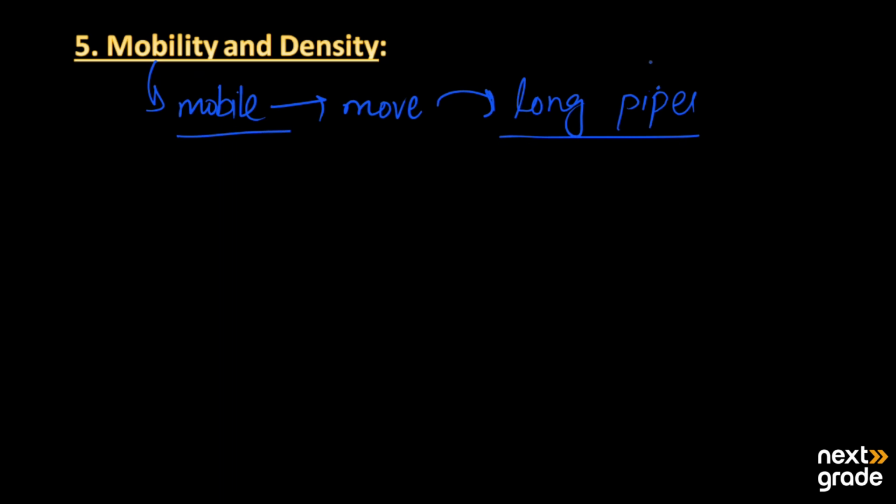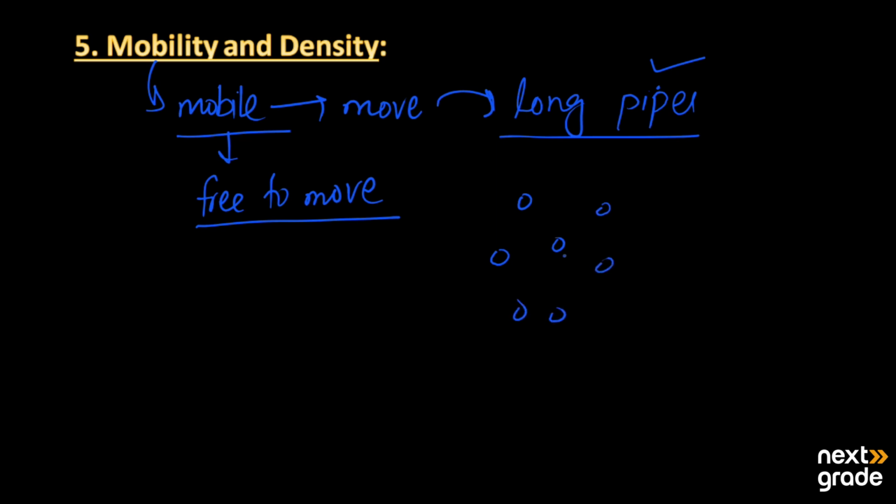They can move through long pipes. And why are they mobile? Because they are free to move. There is no force of attraction between the gas molecules, as they are free to move. So that's why the gases are highly mobile.